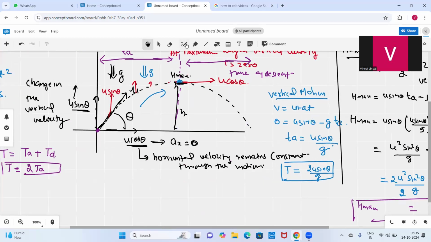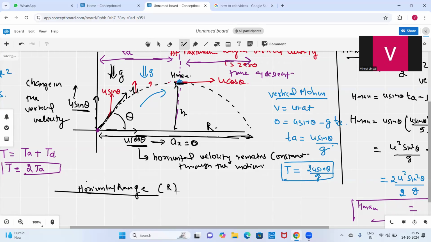Then the last thing we have to find is the range, the horizontal range. Horizontal range is how much horizontal distance is covered by the projectile. This is denoted by capital R. I'm again using the equation S is equal to ut plus half at square, but now I'm using the horizontal direction.